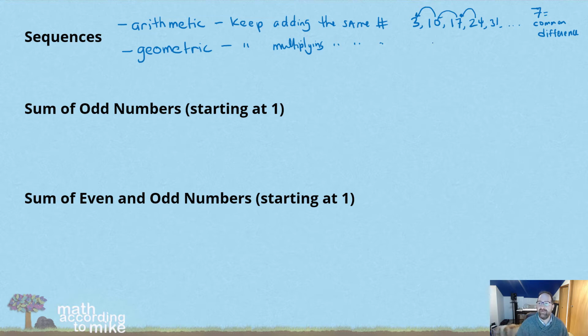So, for instance, if we had 1/2 and -1 and +2 and -4 and +8. What number do I keep multiplying by to get the next number? Hopefully you thought -2. And the term associated with this magical number for a geometric sequence is called the common ratio.